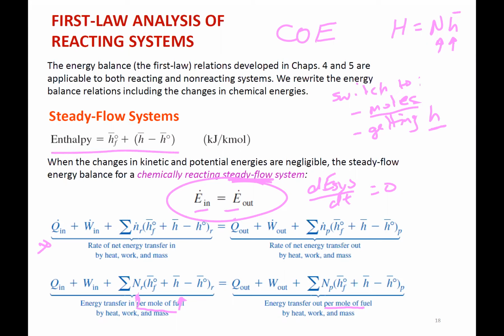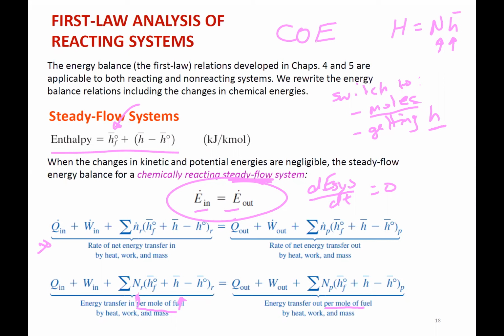Instead of it just being one enthalpy term, we have 3 here. It's very important to understand the difference, and that's because of the enthalpy of formation that we talked about, because we have to include the energy from the reaction, that chemical energy.